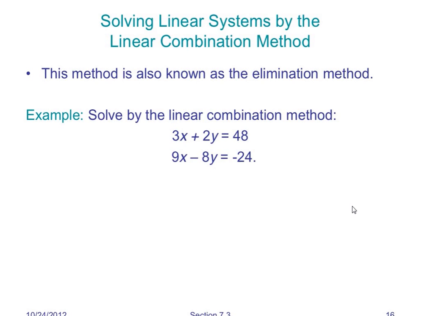I'm going to look at the y's. This is a negative 8. This would need to be a positive 8 for the y's to eliminate. Again, it is not. So what I'm going to have to do is multiply one of the equations by a number so that I do get one of my variables to eliminate.